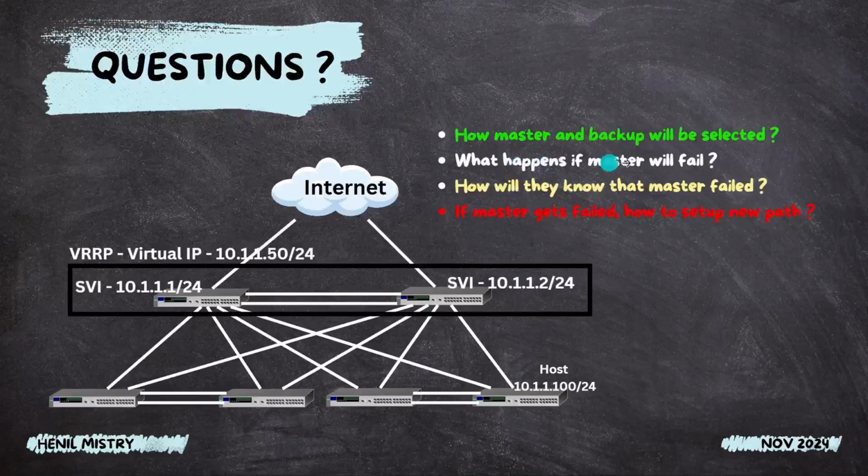Second is what happens if the master fails. How will they know that the master failed? And if the master fails, how to set up new paths. So for this topology, there are four questions that you must answer. Now let's move to the solution, or you can say the answers to these questions.